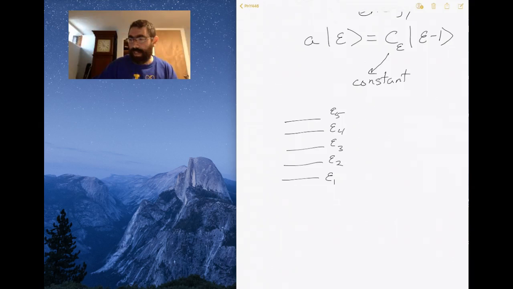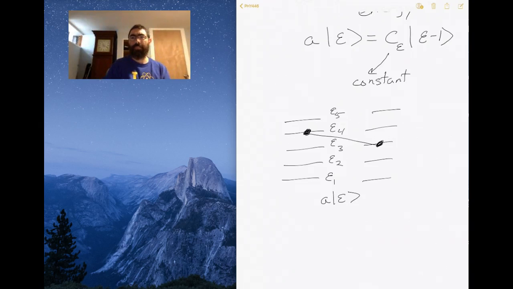Then A would take our particle in this state and move it to the next lower state. So that's what the operation of A on epsilon does. It moves it from one state down into the next energy level.